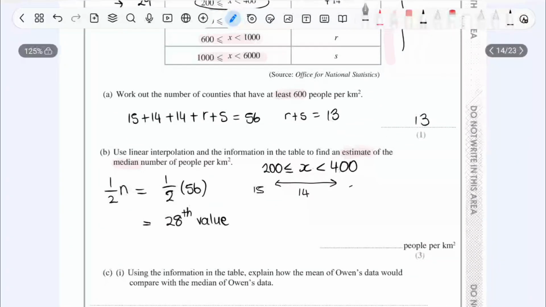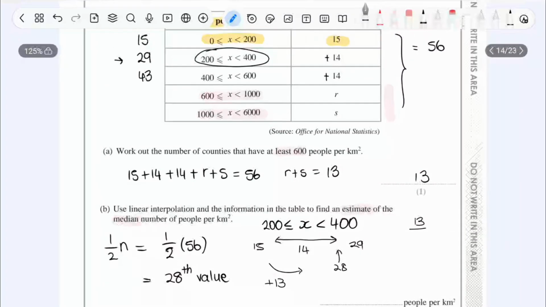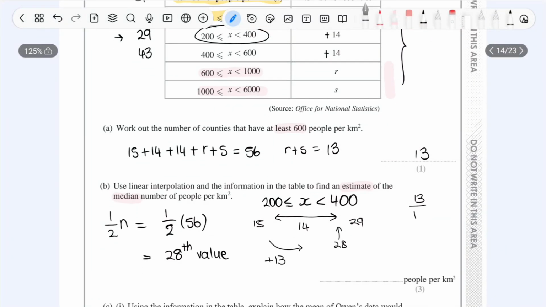And we get to 29. We want to get 28. So basically we need to represent it as a proportion. So to get from 15 to 28, we need to go 13 along. And so there we can do 13 out of the total of that interval, which is 14.